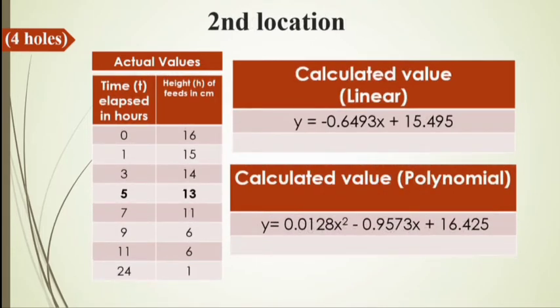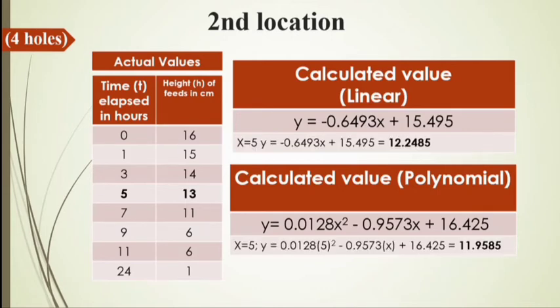Lastly, for our second location that has 4 holes, this is our actual value and the other one is the calculated value for linear and polynomial. For our linear, we have y is equal negative 0.6493x plus 15.495. If x is equal 5, then the calculated value for linear is 12.2485.